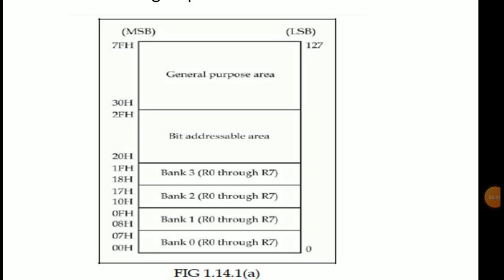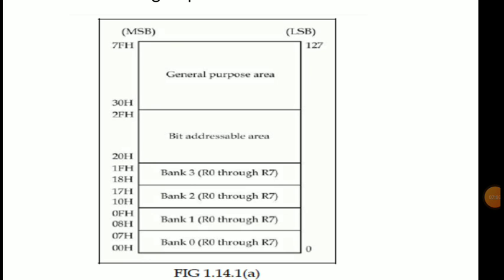Observe the RAM diagram. In the lower portion we have the starting address 00H, and on the left side you can see 00H to 7FH, and on the right side we have 0 to 127, the equivalent decimal numbers of these hexadecimal numbers.